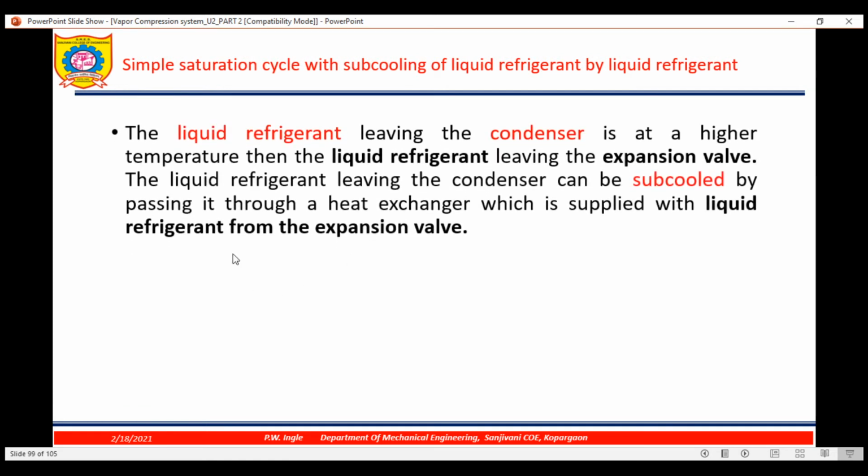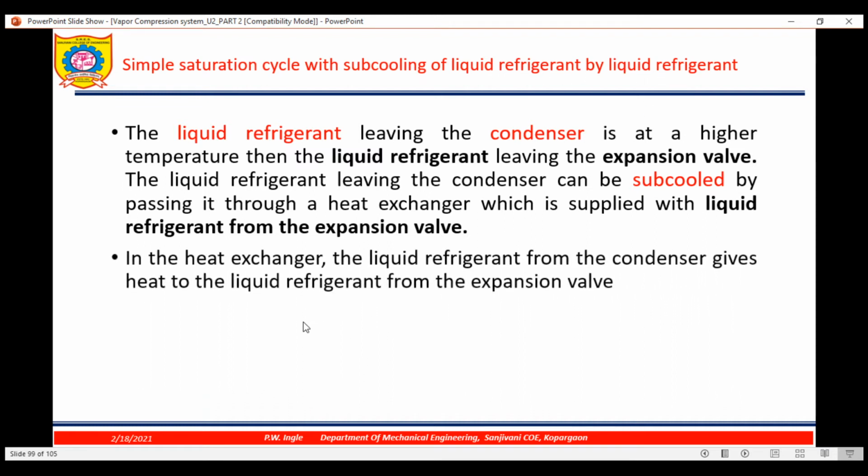Now next is simple saturation cycle with subcooling of liquid refrigerant by liquid refrigerant. Here the liquid refrigerant leaving the condenser is at high temperature, compared to the liquid refrigerant leaving the expansion valve. So this cycle is with respect to which two components? Condenser and expansion valve.